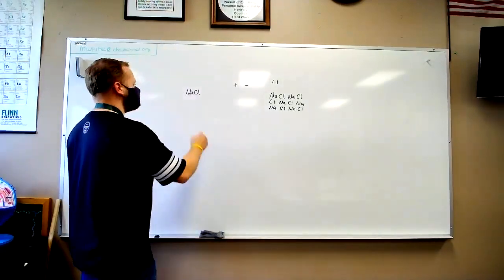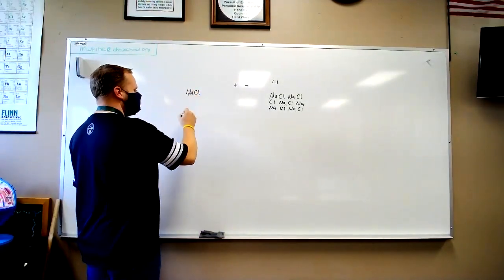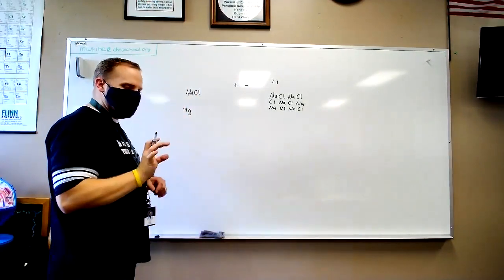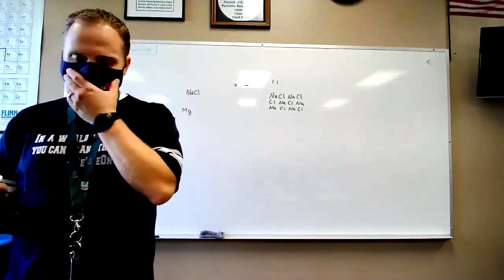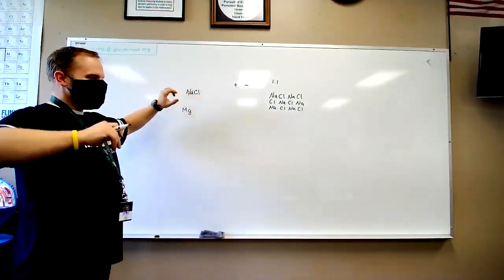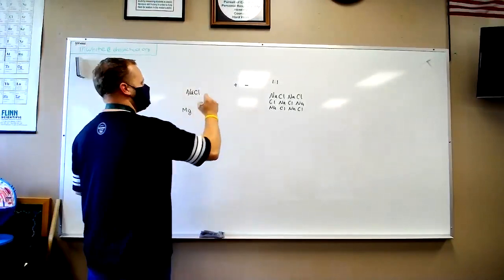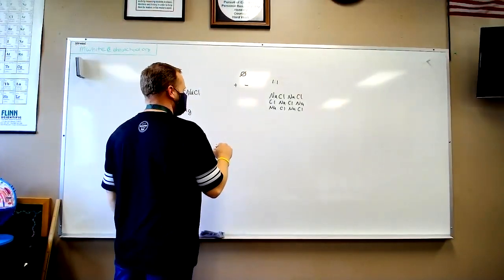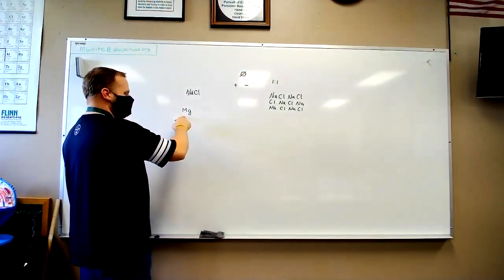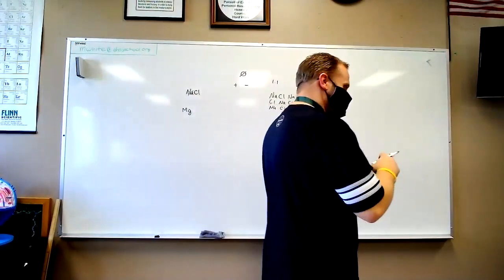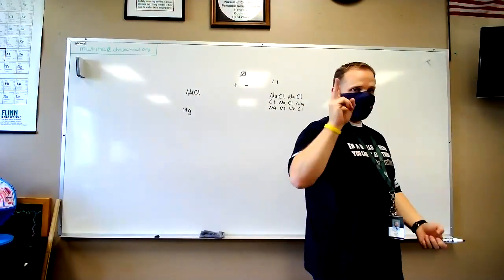But if we replace the sodium with magnesium, things change just a little bit. Because our formula unit has to have a total charge of 0. So if we put magnesium in there, we look at the periodic table and we say, oh, it's in group 2.